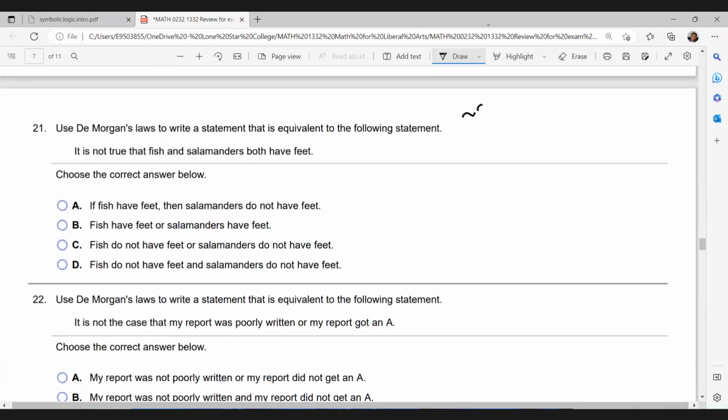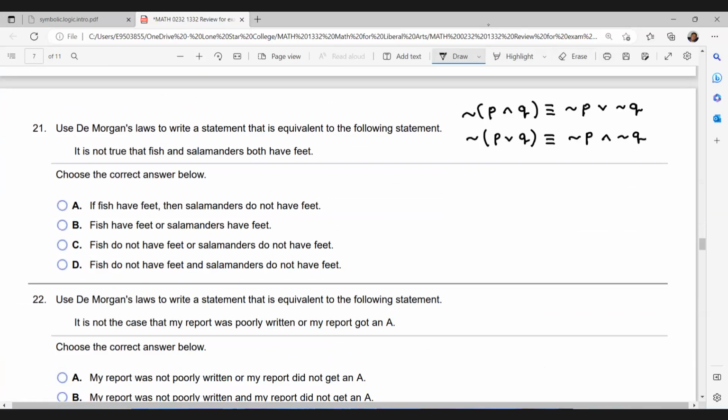If we negate something that looks like P and Q, that will be equivalent to not P or not Q. And there is a second one that says if we negate this disjunction, that will be equivalent to not P and not Q.